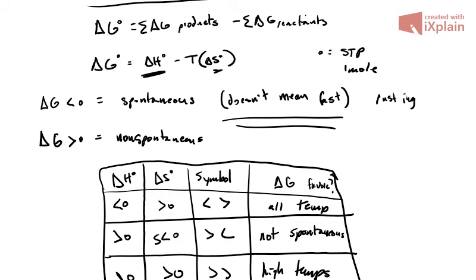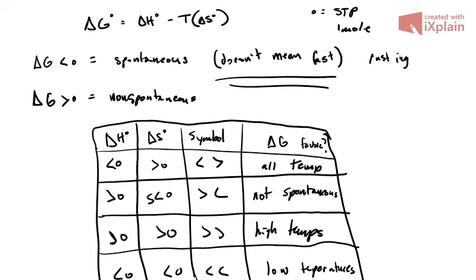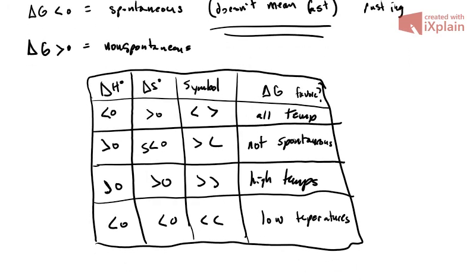Because if you're subtracting a negative S, it's going to become positive, and so you want this number to be very, very low.